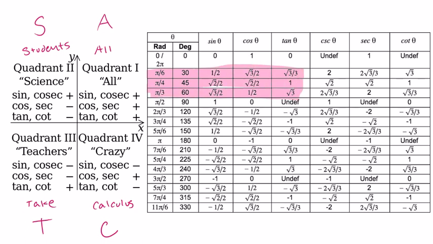If I have those values memorized, specifically just the sine and cosine, because you should be able to find tangent by taking that sine divided by the cosine, we should be able to construct the entire rest of that table just through multiplication or division or taking reciprocals.